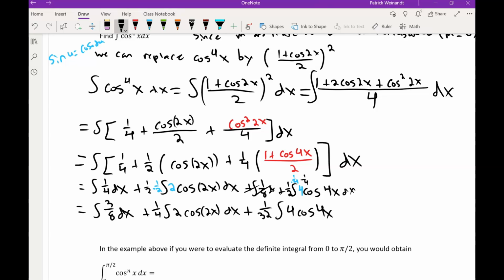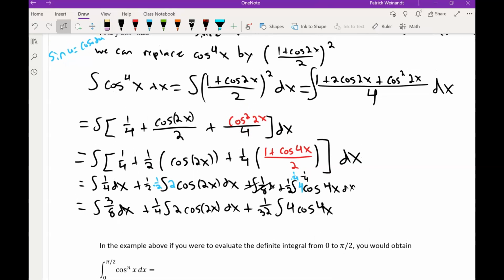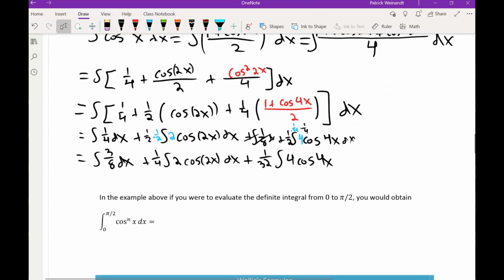It would have been cosine of 4x over 2, factored out that 1/2. We have that 1/4 just by rewriting it, that way we can reverse the chain rule here. And then I still have that 1/4 that's being multiplied when I did that there. So that's where that came from. I forgot to write that. But this is going to be 1/32 times 4 cosine of 4x. And then I need my dx here.